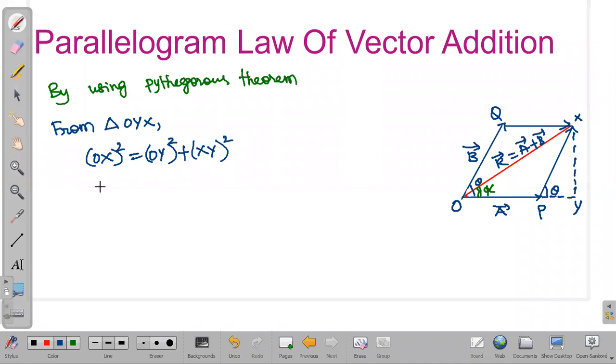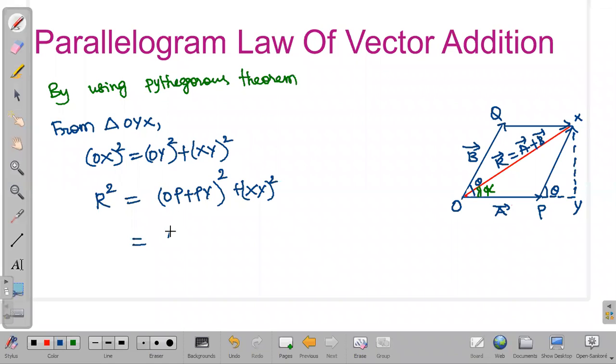Now OX is the magnitude of the resultant vector, so R square is equal to OY square, and OY is OP plus PY, whole square, plus XY whole square. This will be similar to what we did in the triangle law, in magnitude.